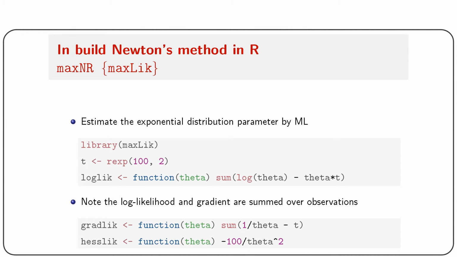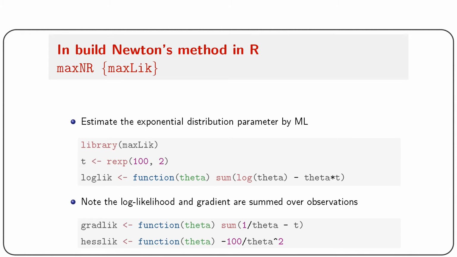Another function is maxNR, from the maxLik package. Let's estimate the parameter of an exponential distribution by MLE. Say library(maxLik), t equals rexp(100, 2), so the parameter is 2.